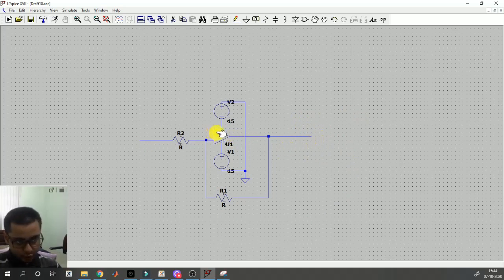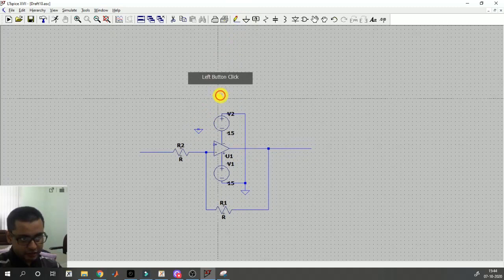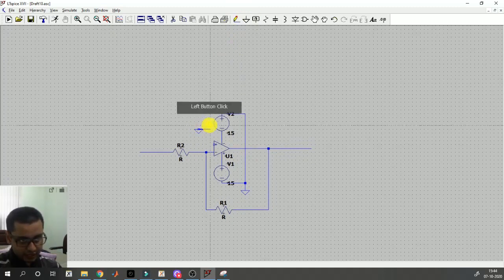And yeah, this positive input of the op-amp is to be connected to the ground. Now you can take a wire and connect it like this to the ground, or if you want to make your diagram cleaner, take a separate ground node and connect it like this.